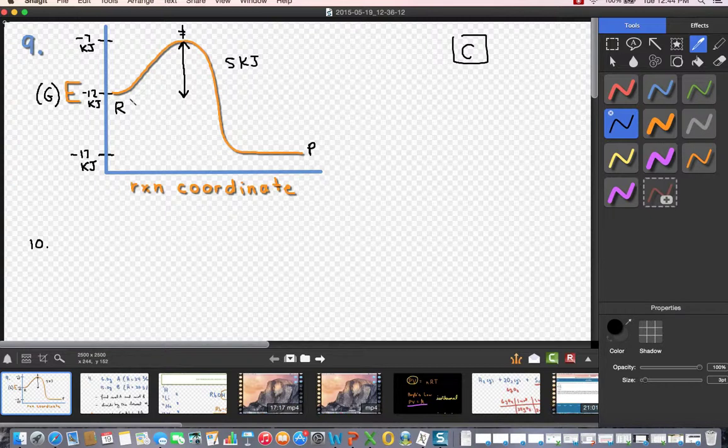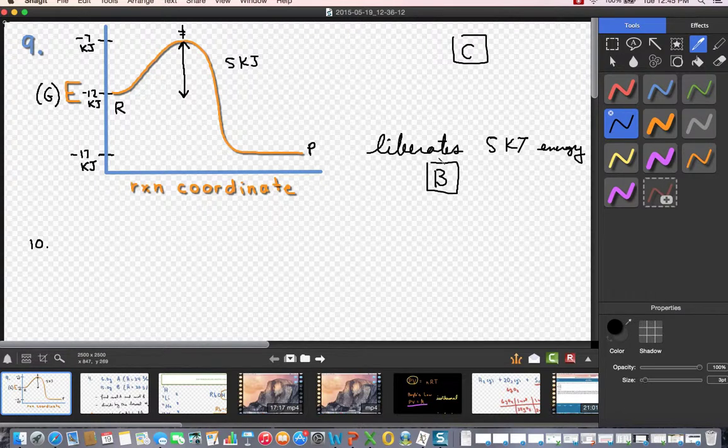And so we can eliminate D. Now, the reaction goes from negative 12 to negative 17, so it liberates 5 kJ of energy. So that makes the best answer for number 10, answer choice B.